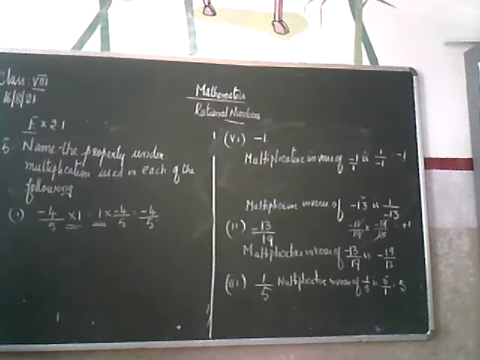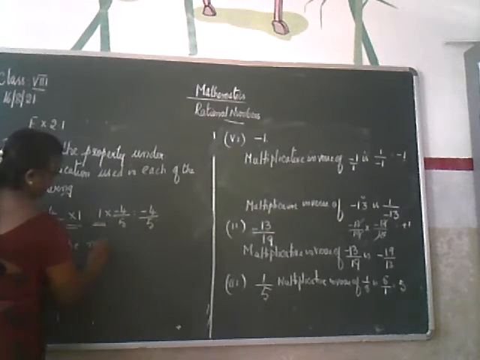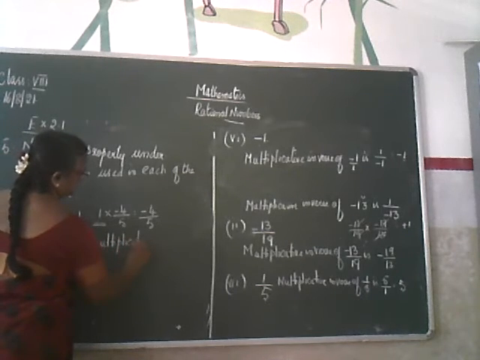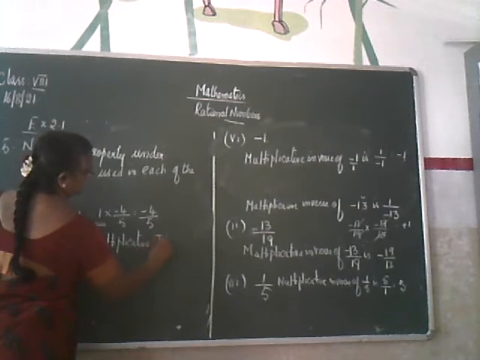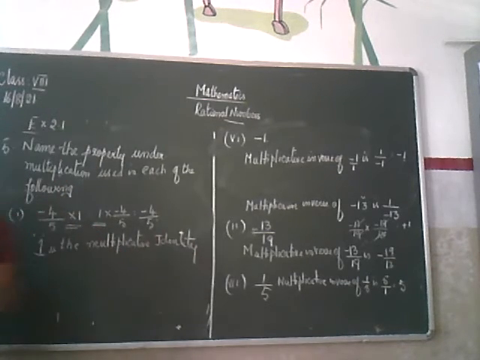The property used here is that 1 is the multiplicative identity. Next, the second one.